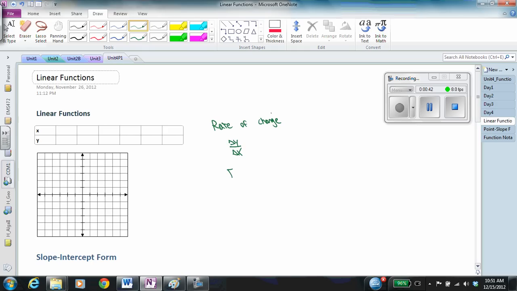For a linear function, the key defining characteristic is that the rate of change is constant. We call that slope. You could have rates of change for nonlinear functions, but it wouldn't be called slope. So slope is only for a linear function.